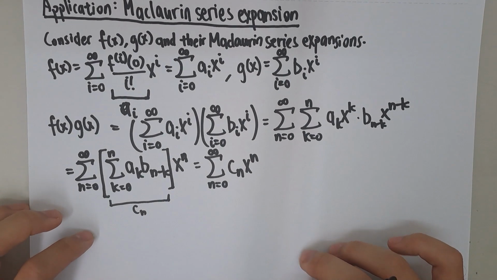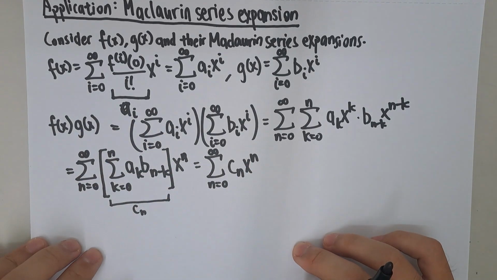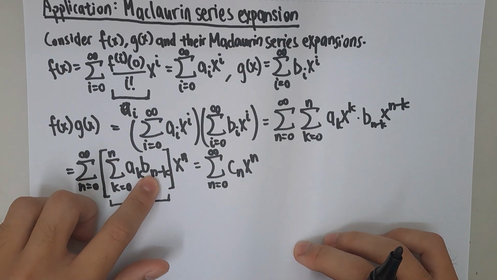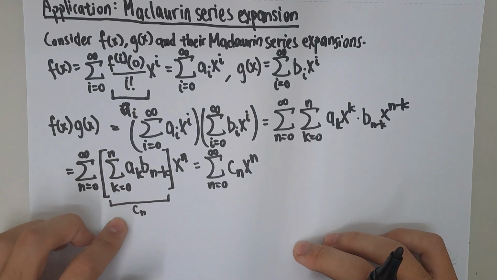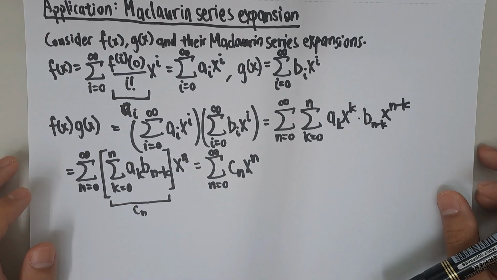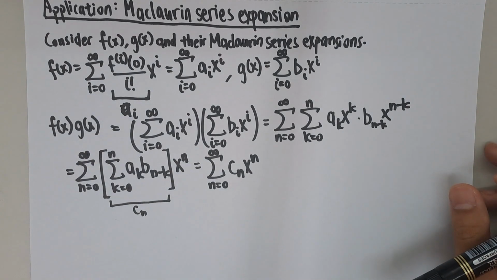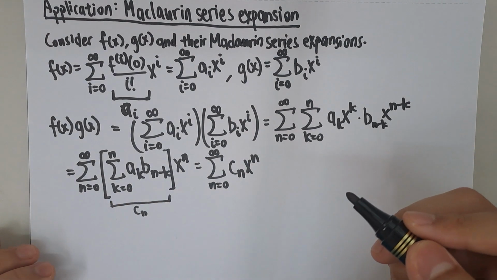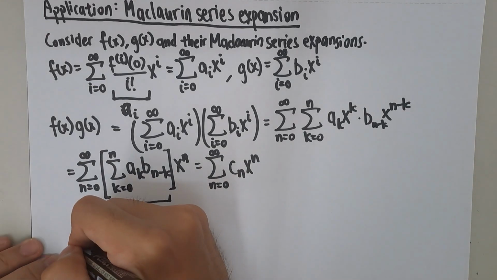So here we're hiding a lot of information about what exactly is the relationship between ak, b sub n minus k and Cn, and what's the significance of this. So here we can do a little bit of exploration. So let's look at this Cn.